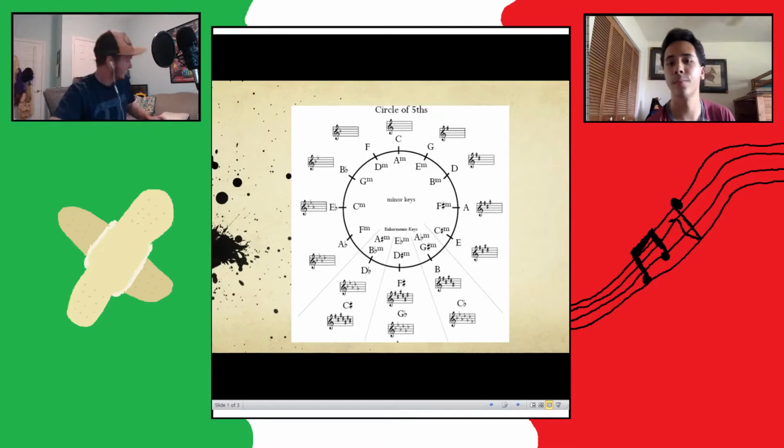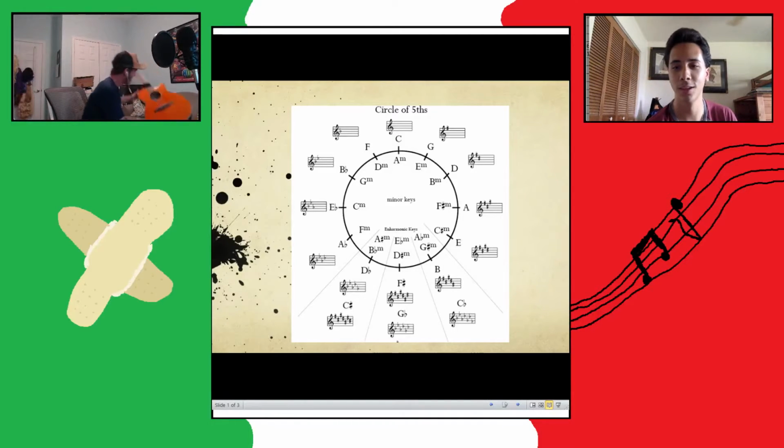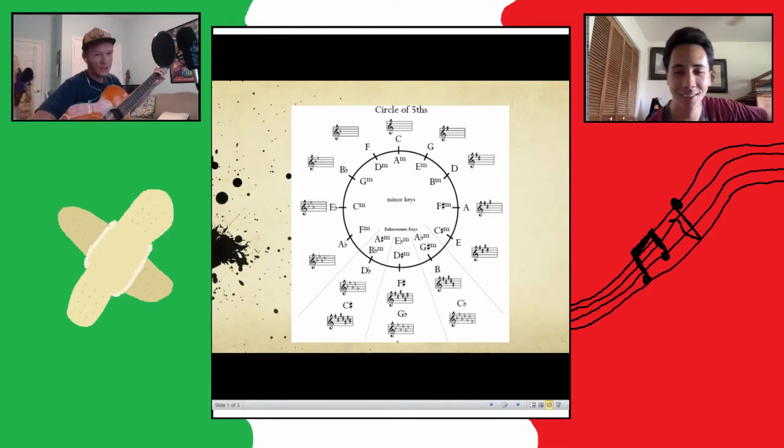Yes. I can demonstrate. Let's get some music going here. If you play a G chord and then a C chord, and if you instead play a G7, it gives that slight gravity.